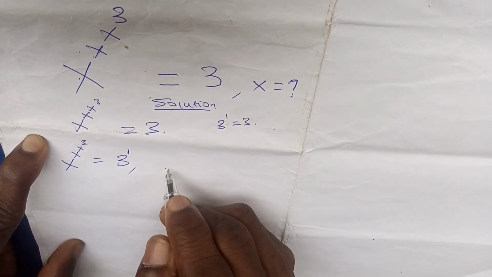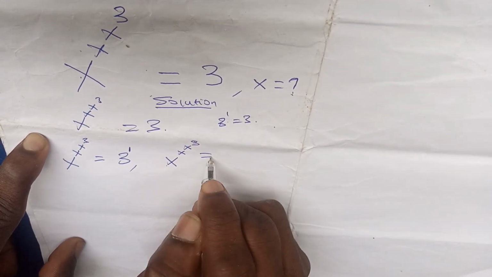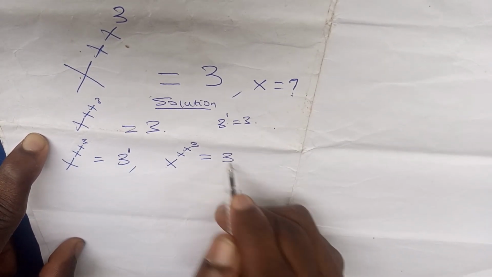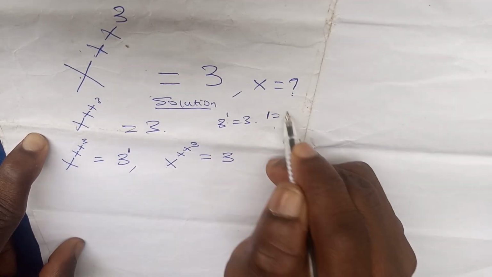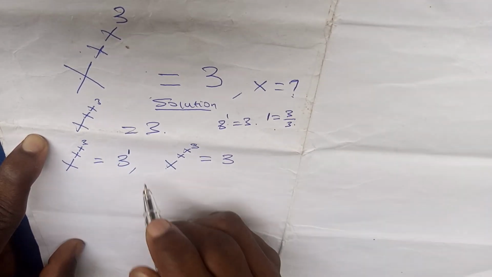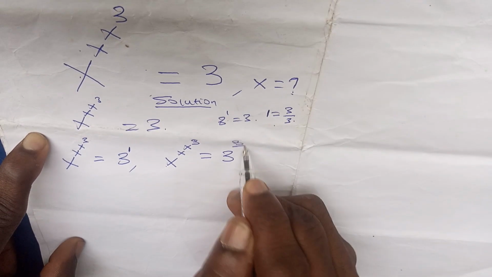Instead of writing 1, recall 1 is also equal to 3 over 3. So in its place we can put this 3 over 3.